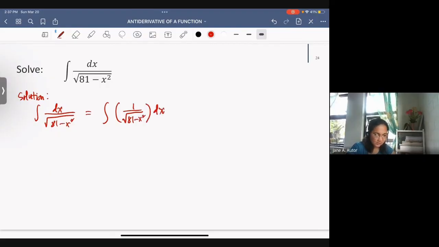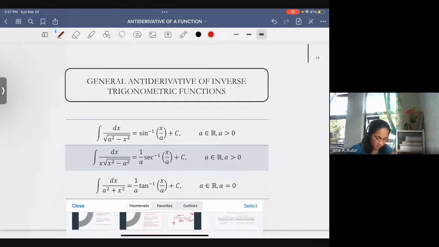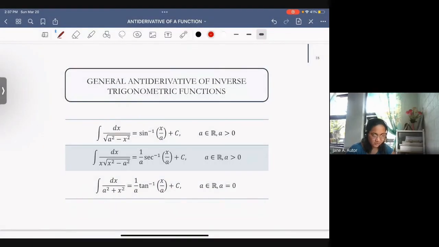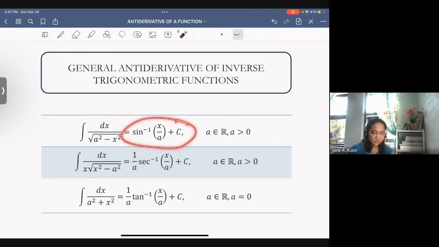dx. And if you are going to check the given rules of differentiation, particularly for the inverse trigonometric functions, we have the integral of dx over the square root of a squared minus x squared, that is equal to inverse sine of x over a plus c, wherein a is any real number greater than 0.